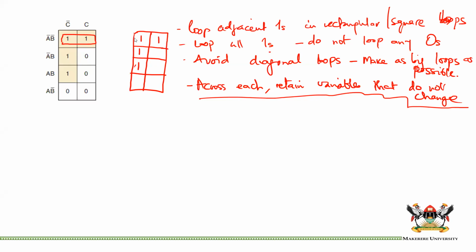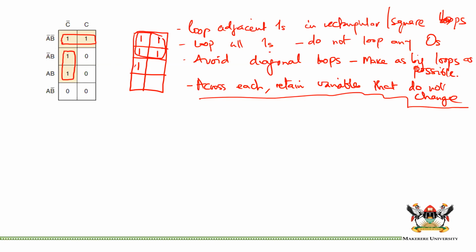If we made a bigger loop of 4, it would encompass that 0. But if this was also a 1, then we would be better off looping all those 4, because they are adjacent and form a square. We don't do that here because that's actually a 0. Once we have looped these 2, we are left with another 2, and luckily they also form a square loop. Then we are done there.